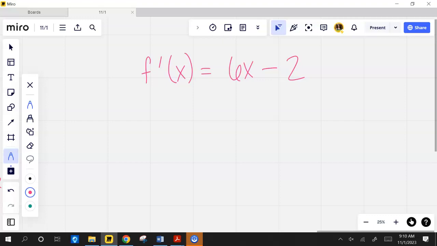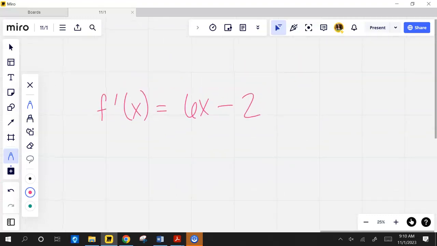What's a possible antiderivative? And I say possible because there's an infinite number of antiderivatives, because that constant can fluctuate, right? So what is a possible antiderivative here, and how are you coming up with it? Okay, tell me what you're doing.